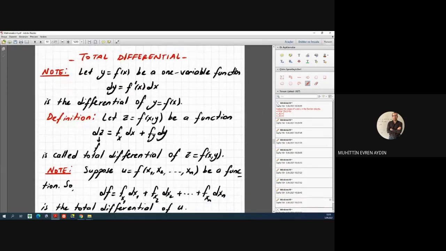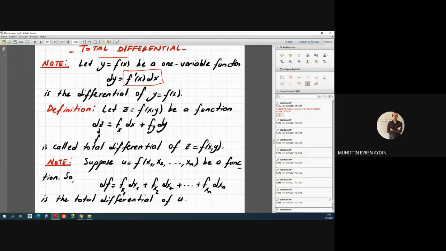Okay, we have another section, total differential, which is important. Let's recall the differential of a one variable function. Let f of x be a one variable function. Then the differential of f is defined by this equality, namely the derivative of f times dx.